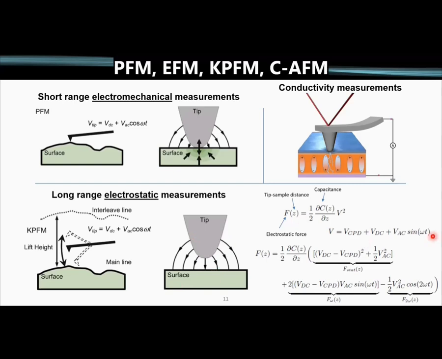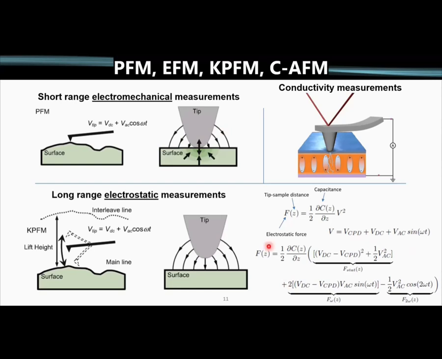You can apply a DC bias to offset that CPD, as I'll explain in a second. But you're also applying this AC signal, so when you're doing PFM, you're also measuring some kind of long-range electrostatic forces. But if the PFM signal is strong, that can dominate the long-range electrostatics.